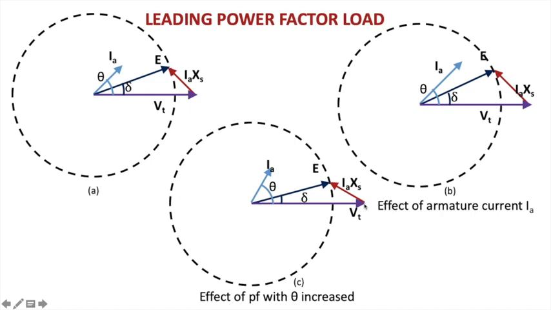Therefore, either the magnitude increases or the power factor increases, the voltage will increase only, but the del angle is different. The power angle, that is the angle between Vt and E, the terminal voltage and the induced EMF of the generator, increases a little bit, while the del angle reduces when there is an increase in the power factor angle.